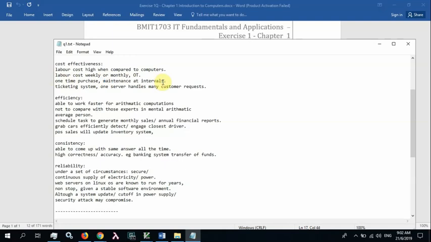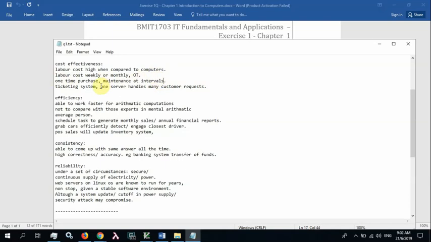Okay, for example, the AirAsia ticketing system that I mentioned just now, one server can handle a lot of customer requests. So when you compare this to human workforce, of course, with higher volume, you need more people to interact. So your staff has to increase in size according to your customer base, but not so for AirAsia.